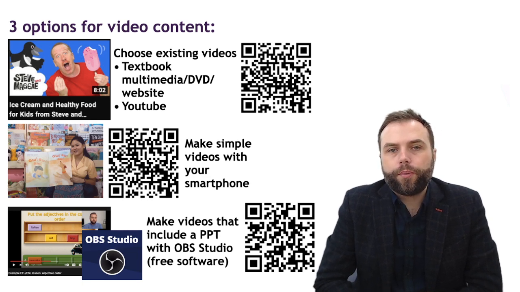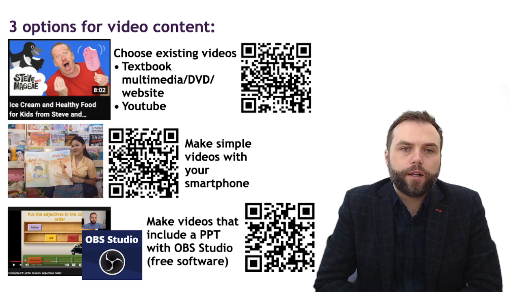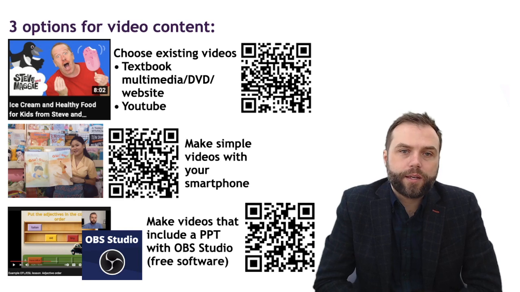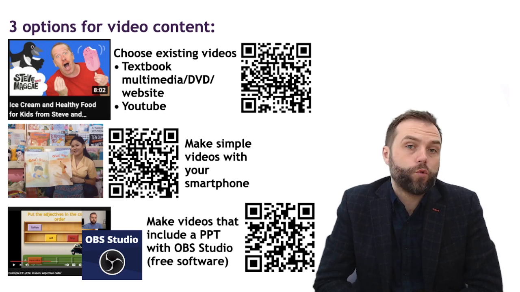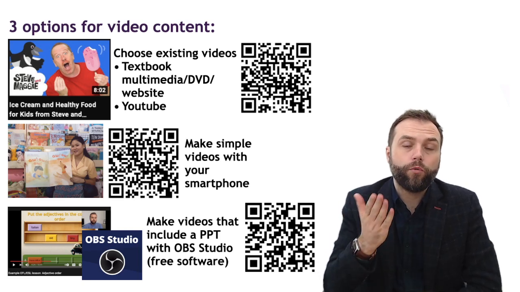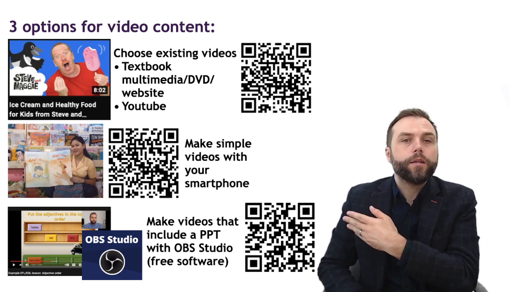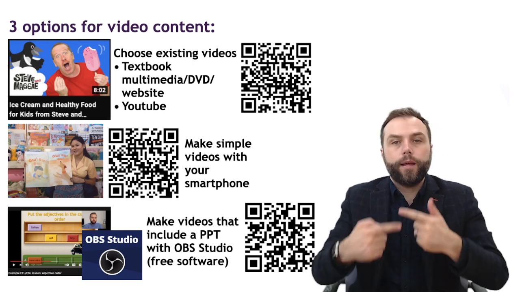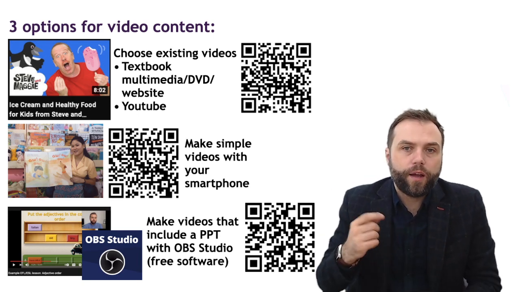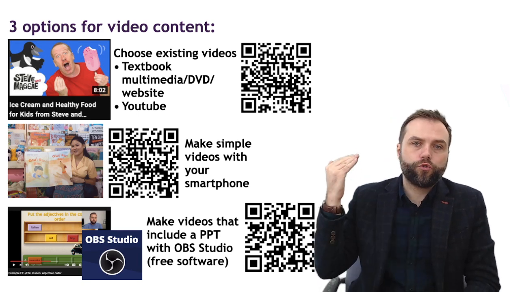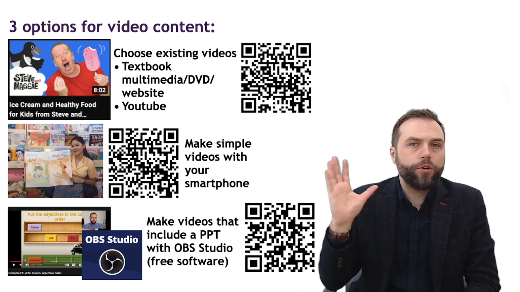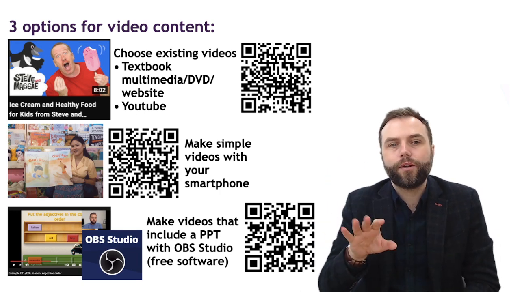The final example is to make videos that include a PPT, like a presentation file, with OBS Studio. And that is what we are doing right now, okay? So basically you can see in the background here, this is a presentation file, and we have the webcam. I've used a chroma key, so this is a green screen background, but you don't have to do that, that's not necessary.